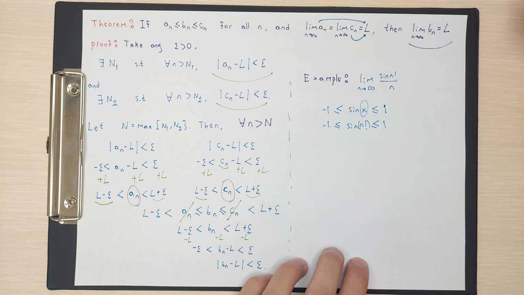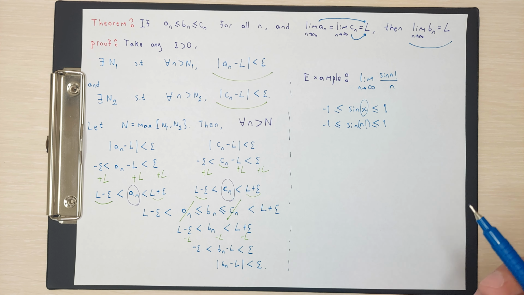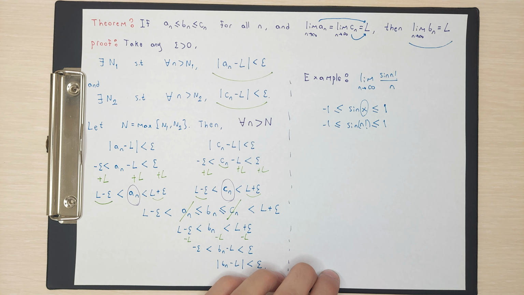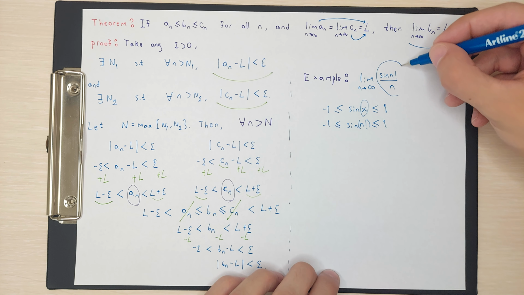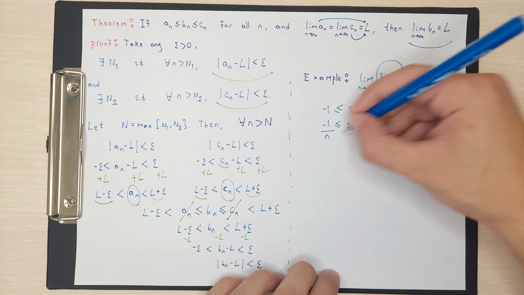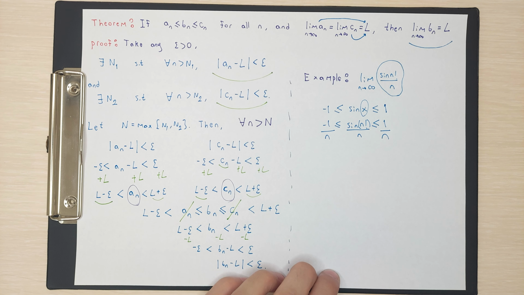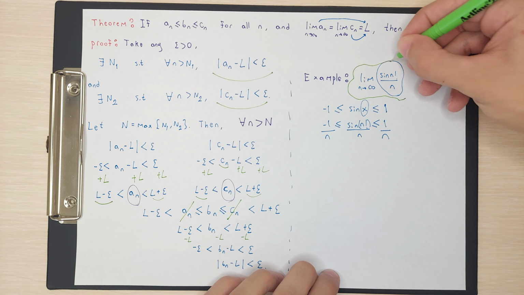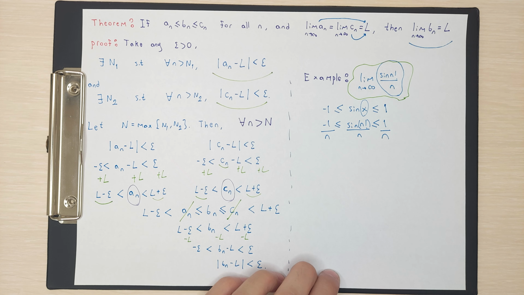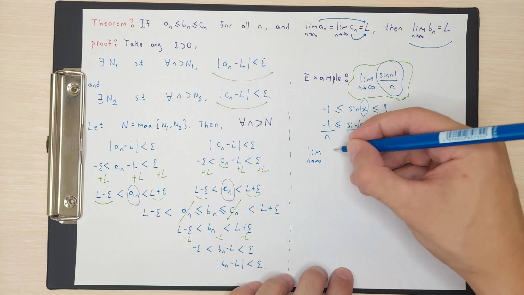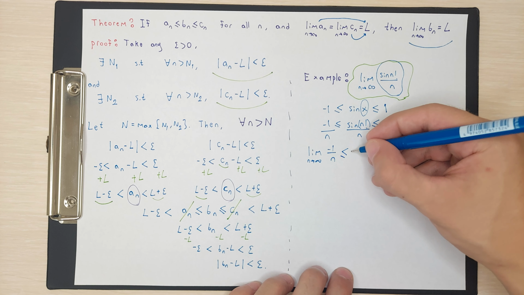The sine function is bounded, so it takes values always between -1 and 1. But in this example, we are looking for sine n factorial over n. So we can divide all sides by n. And also in this example, they ask what is the limit when n tends to infinity of sine n factorial over n, so we should take limits when n tends to infinity for all sides.